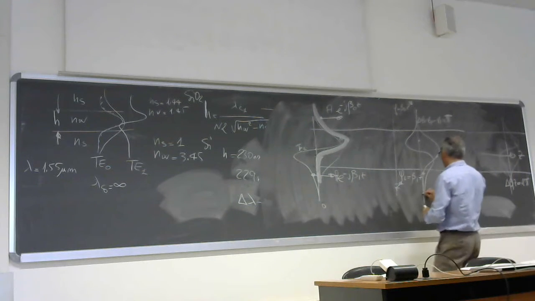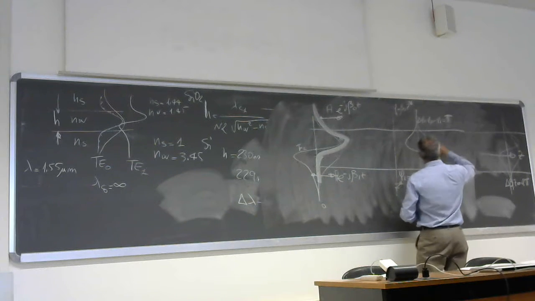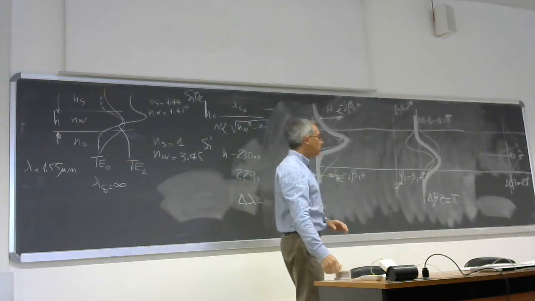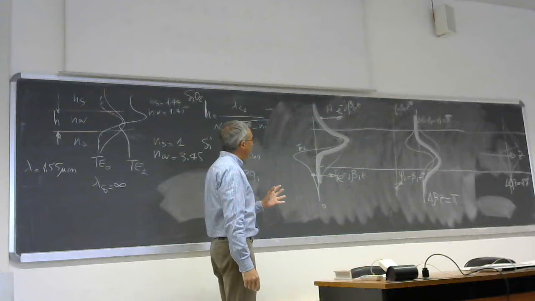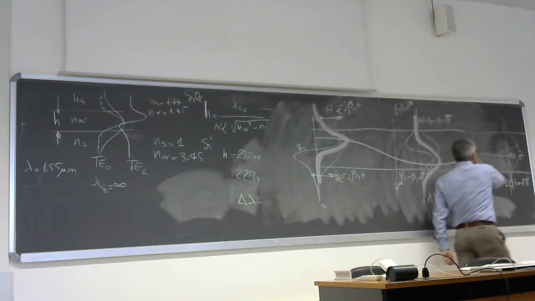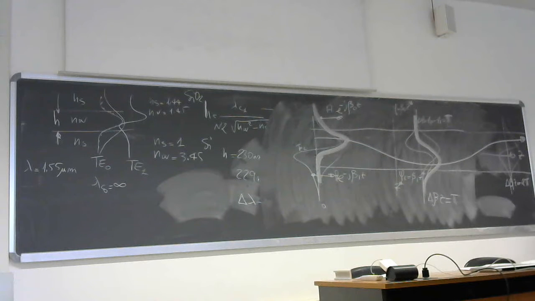So here is a field that is like this. So you see, if you look at the total field, it seems that it moves down and then moves up again. So you have a sort of bouncing of the field around the inside of the core.